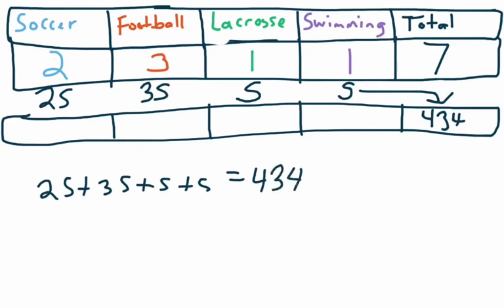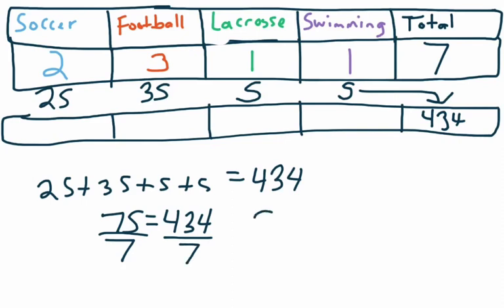So we're going with our total. We can add these up because they are all the same letter. They're all the same variable. So again, we have 2S plus 3S is 5, plus 1 is 6, plus 1 is 7. So we have 7S equals 434. So now we need to divide both sides by 7.